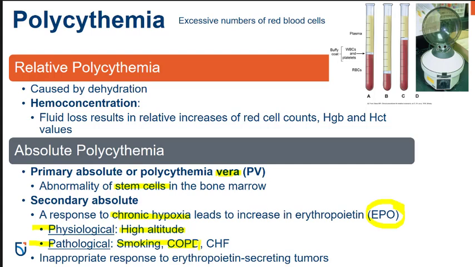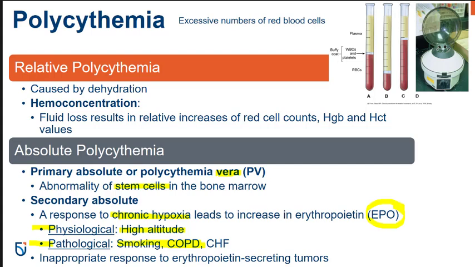And with COPD, the body is not bringing in enough oxygen because of trouble with breathing, and so the response can be, again, production of erythropoietin stimulating bone marrow for more red blood cells. Congestive heart failure, when the heart fails to pump out enough oxygenated blood to the body, it can lead to the state of chronic hypoxia.